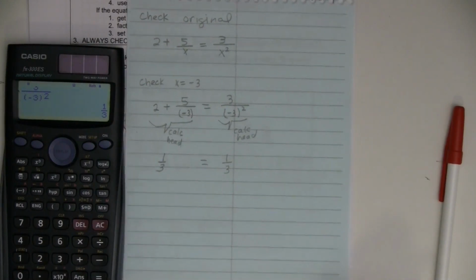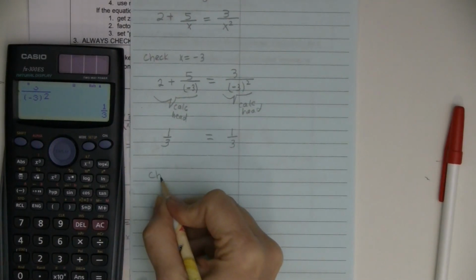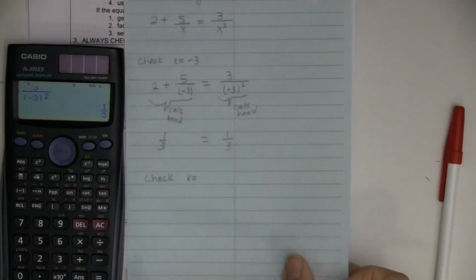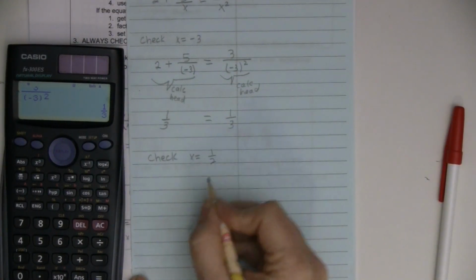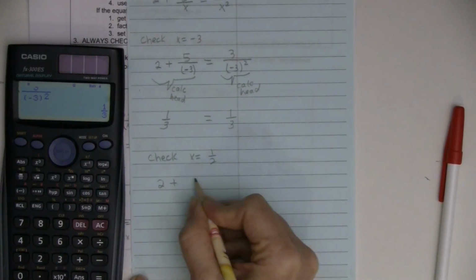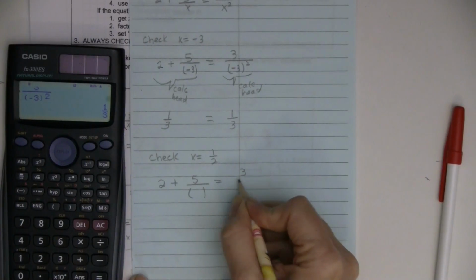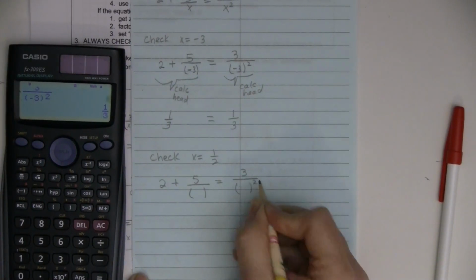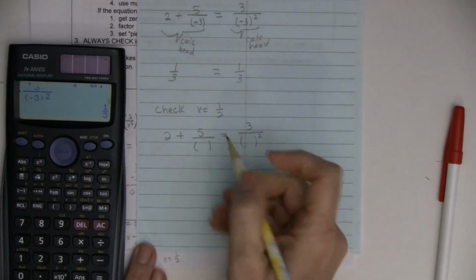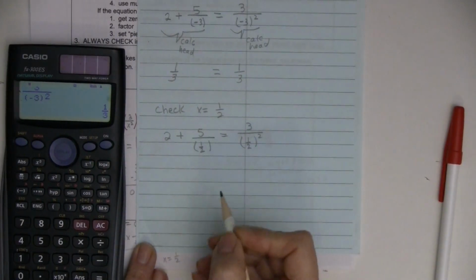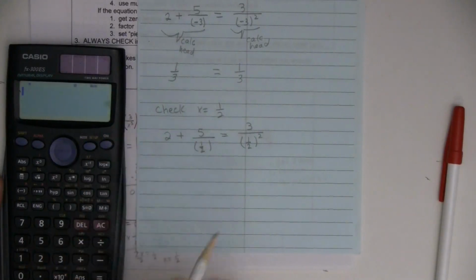So that one worked. I want to verify also that x equals, and was it positive half? It was positive half, also works. So we're going to have 2 plus 5 over x equals 3 over x squared. And we're going to be plugging in half. And so I want to show you how to put that in your calculator.